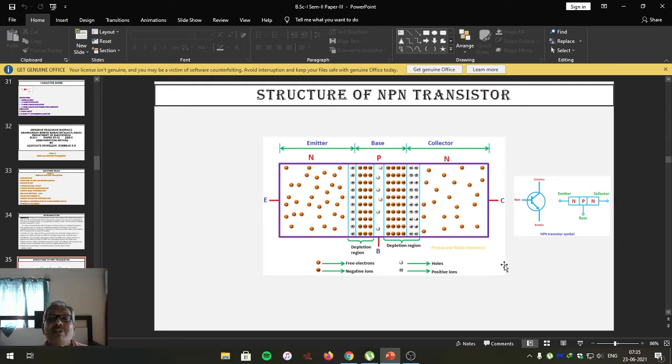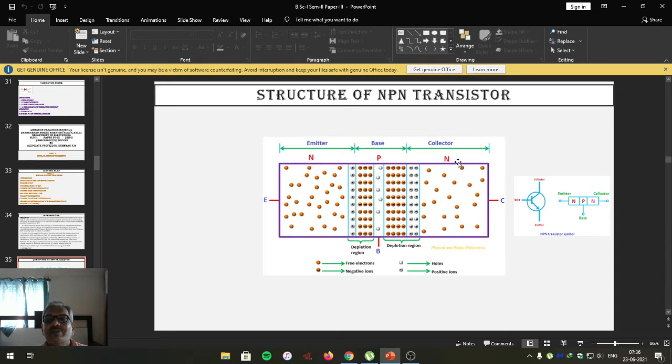Now we are going to study the structure of NPN and PNP transistor. Friends, let us begin with the study of the structure of NPN transistor. Student friends, this is the structure which is represented here. It shows that it is a structure of NPN transistor, because here is the P type layer of semiconductor which is sandwiched between two N type of semiconductor.